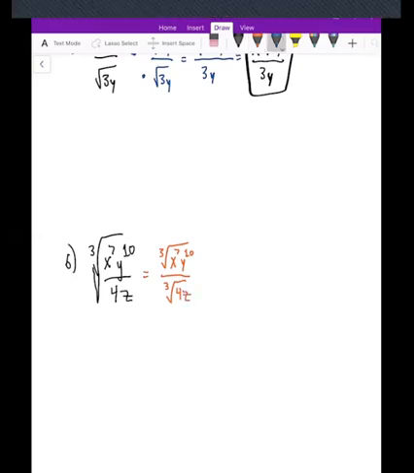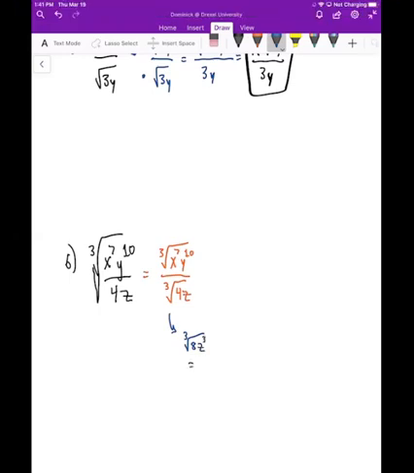So for this bottom to be a perfect cube, we would want it to be a cube root of 8, so that that's a perfect cube, and a z to the 3rd. And then that would allow us to write it as a 2z. So in order to get there, I would need to multiply by a cube root of 2z squared. So I better do the same thing in the top.